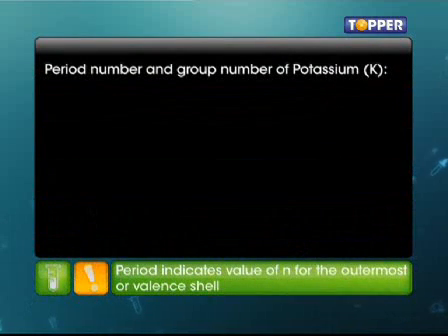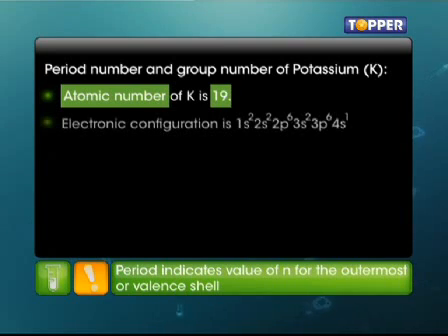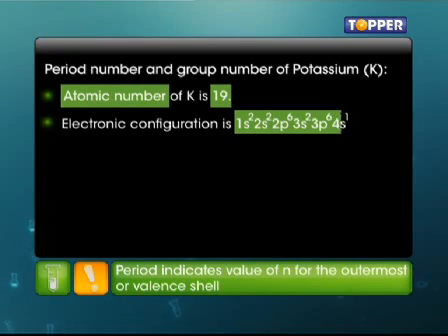Knowing an element's group and period informs you about its configuration. Is the opposite true as well? Yes, it is. For example, for potassium with atomic number 19, the configuration is 1s2, 2s2, 2p6, 3s2, 3p6, 4s1.